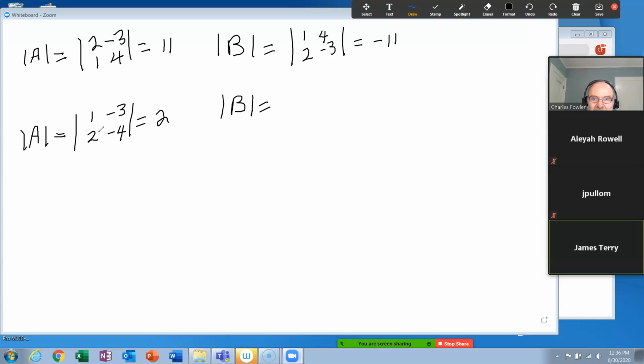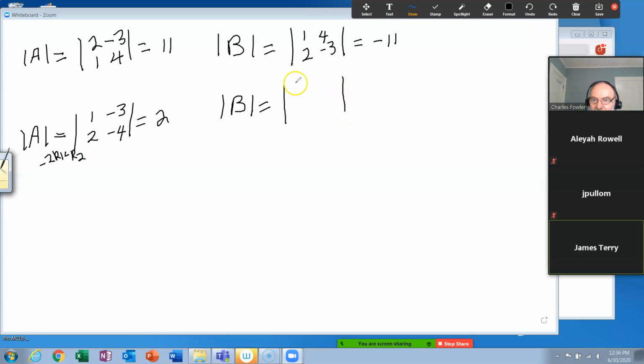Okay, now matrix B, we're going to do an elementary row operation to it first. And what that elementary row operation is going to be is using the 1 here and getting a 0 there. So what we'll do, negative 2 times row 1 plus row 2. What would that give us?